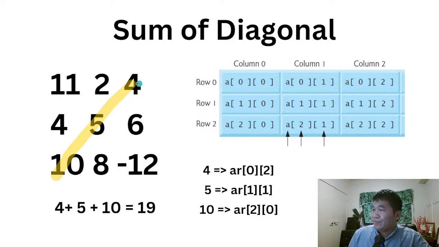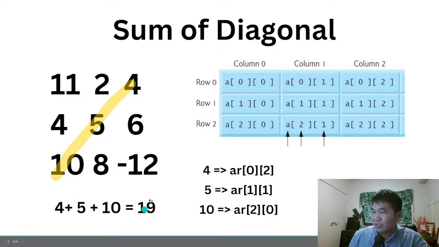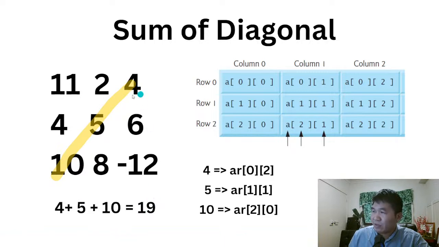And this is the opposite way of diagonal. We're going to sum up 4, 5, 10, so we are getting 19. How are we going to access these 4 and 5 and 10 from the memory?